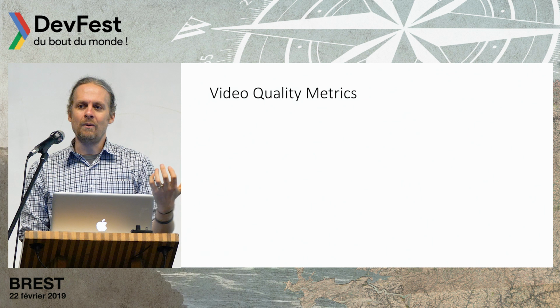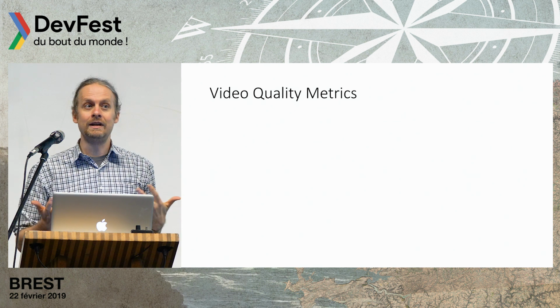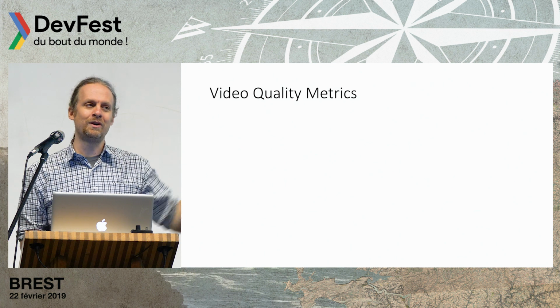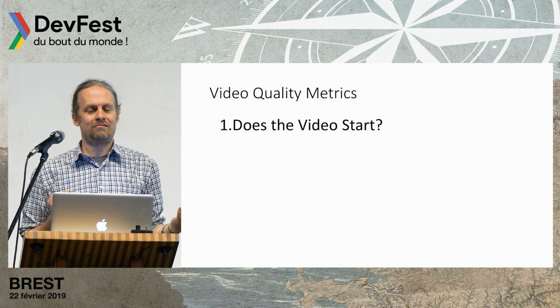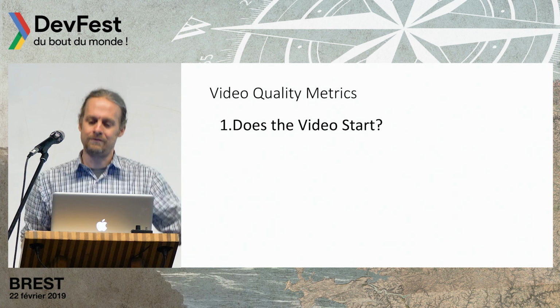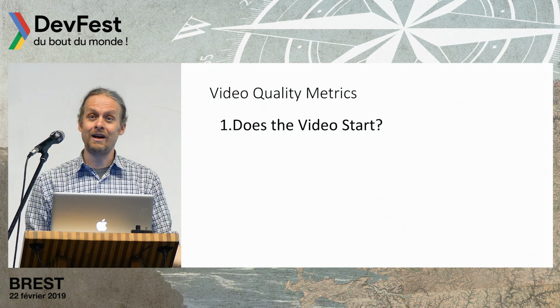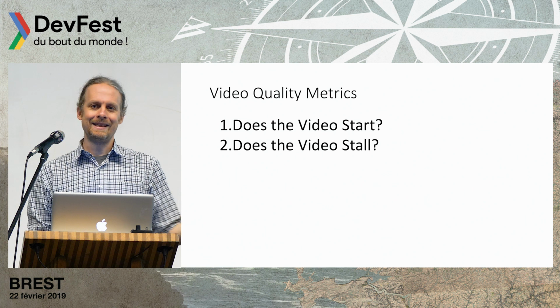When you're loading video on a web page, these are the metrics that people actually study to see if a video is playing smoothly. The first question is, did the video start playing? Which you'd think is really important, but you'd be surprised at how often it fails. So they actually have to study, did the video actually start playing? Did the video stop playing in the middle?